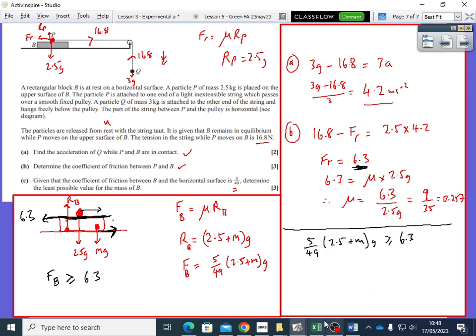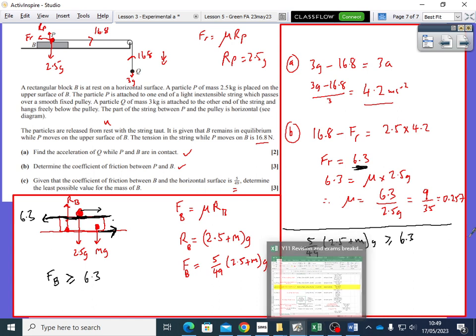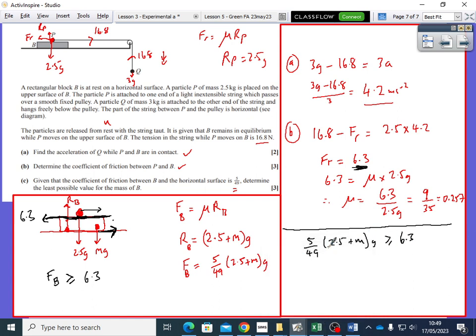So let's multiply that up, so I'm going to simply multiply the 49 up, then divide it by 5. Right, let's do that first. So we've got 2.5 plus m, and I'm going to take that g down, so I'm going to divide it by g, so we've got it in that scenario.